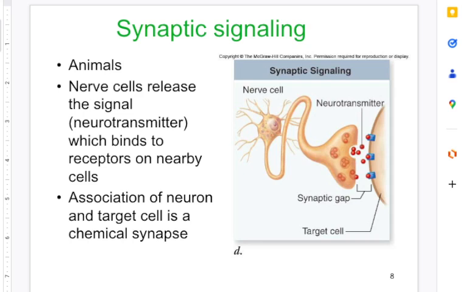This neurotransmitter is released into the synaptic cleft, or also called in this picture the synaptic gap. And this neurotransmitter has a specific receptor on the target cell, which binds to the target cell and elicits some type of response for the target cell.